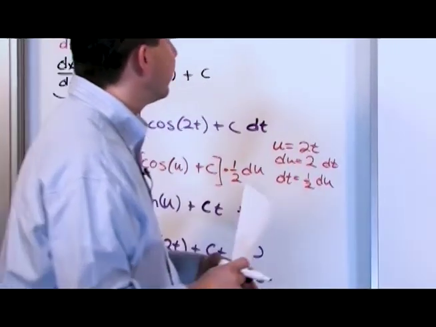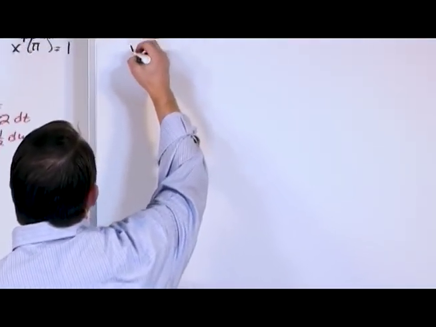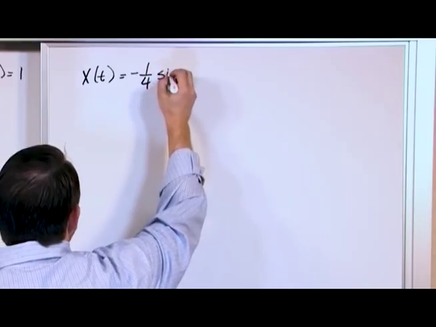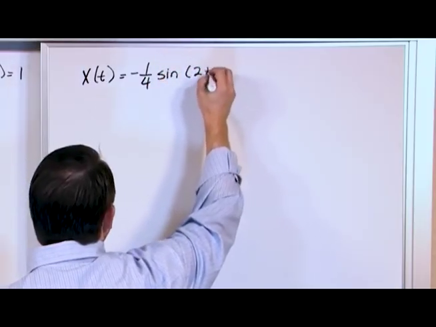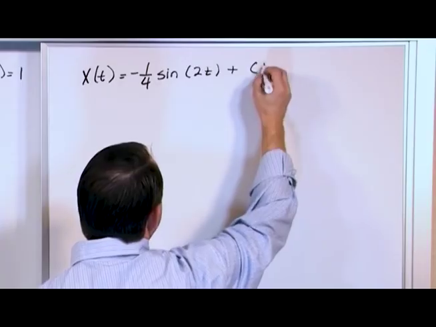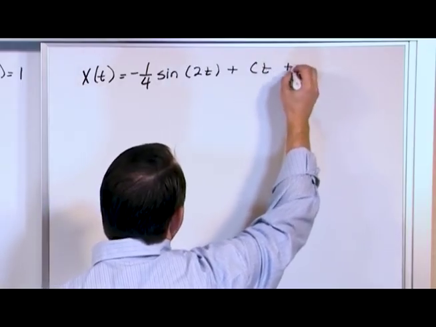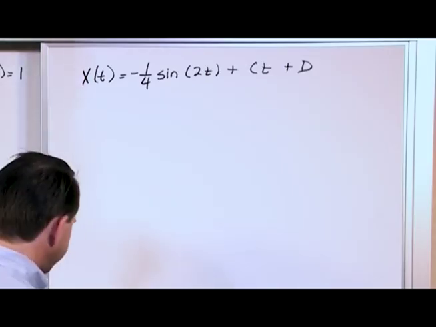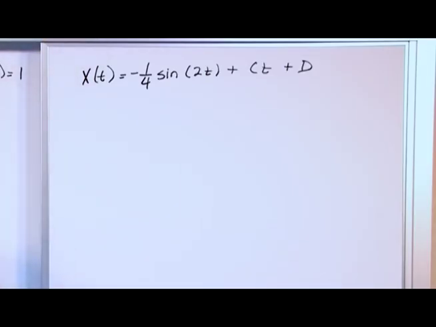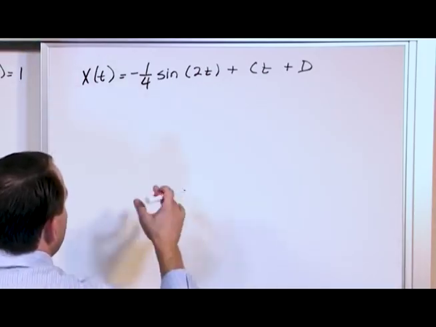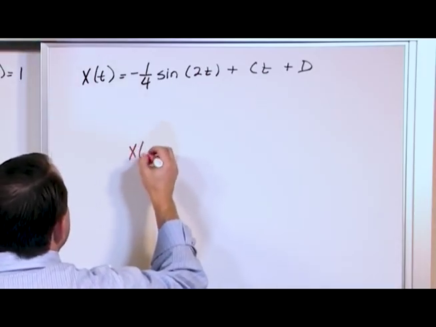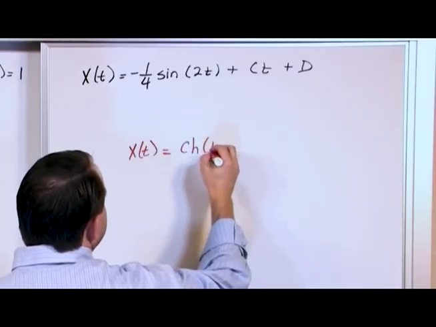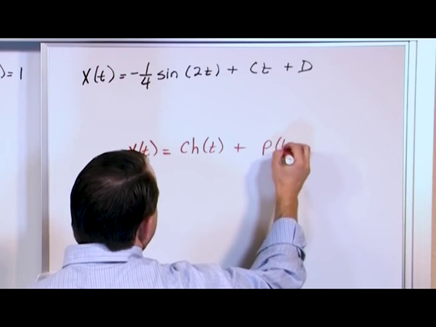So let me go ahead and rewrite this over here, because I want to point a few really important things out. X of t is equal to negative 1/4 times the sine of 2t plus c times t plus d. So here we go. Now I told you on a previous board that all of these linear equations always yield a solution of the form c times h of t plus p of t.